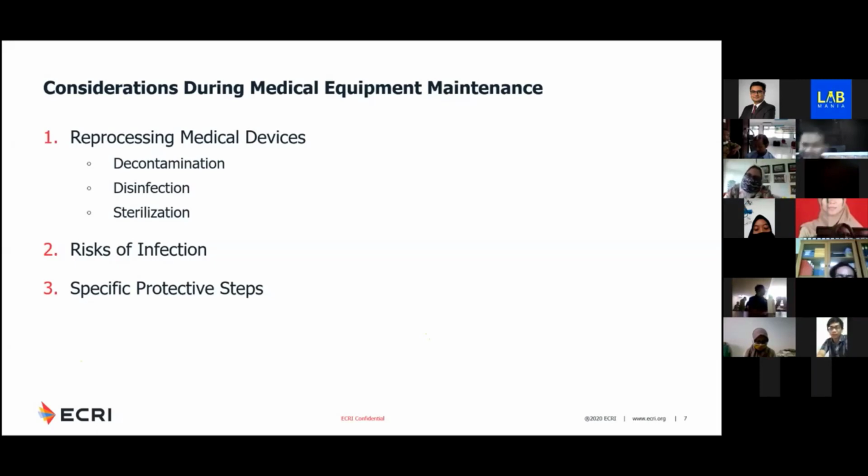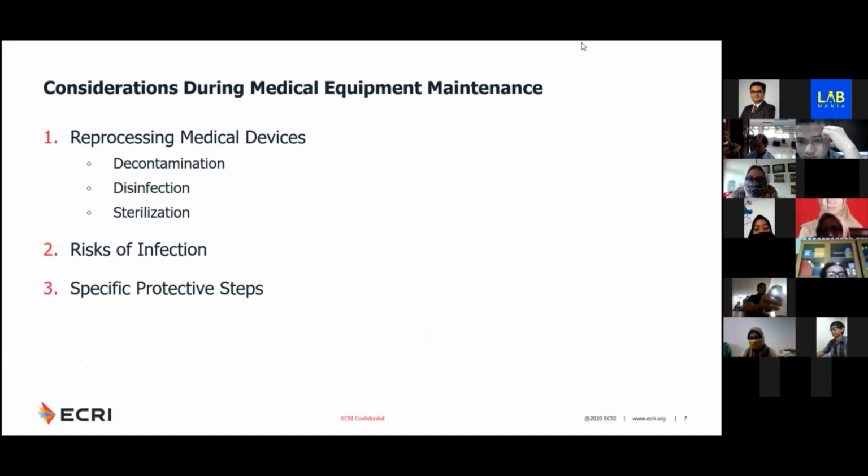So some of the protective steps you could take are, of course, number one, do not enter the room with the COVID-19 patient unless you have to. And if you have to, the second step is use PPEs, the correct protective equipment, especially if you have to access an equipment which is inside the patient room. Okay, and of course, observe proper hand hygiene.